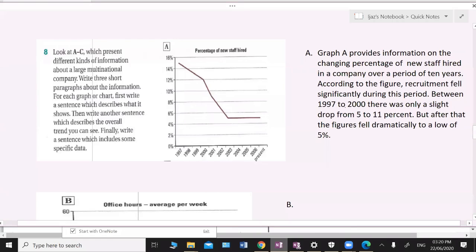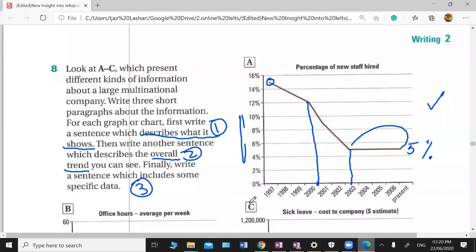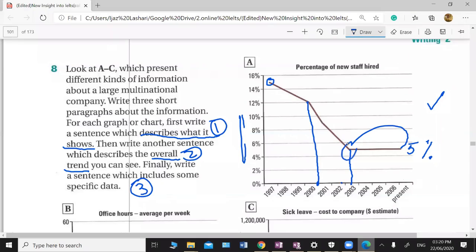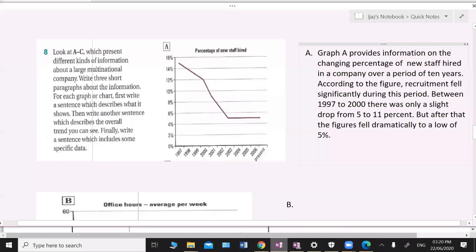Between 1997 to 2000, as I explained earlier, between 2000 from here to here, it remained the same. There was no change. So what we discussed here, between 1997 to 2000, there was a slight drop from 5 to 11%. But after that, the figures fell dramatically to a low of 5%.